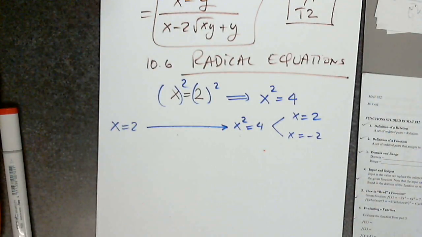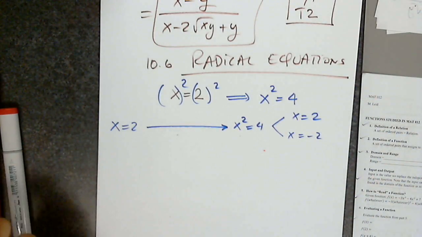But if I decide for whatever reason to raise both sides to a power, I have to think and say, oops, I'll do this, but at the end of the day, I have to check solutions in the original problem. Mandatory. It's part of the problem. If I employ this procedure, I have to, at the end, check the solutions in the original problem.